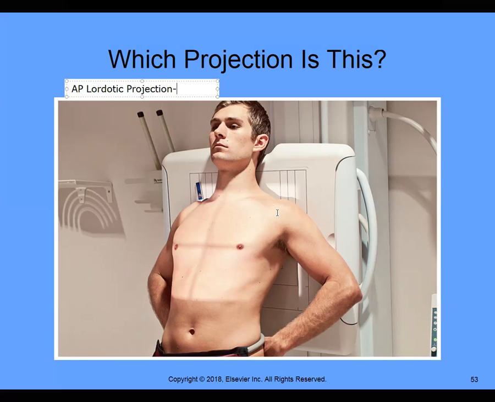This projection here is specific to the chest. We're not going to do this for any other body part except for the chest. We do this specific to the chest to view the apices of the lungs, which is the very top part of the lungs.